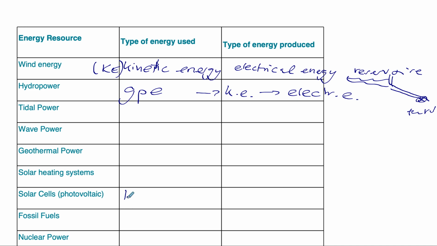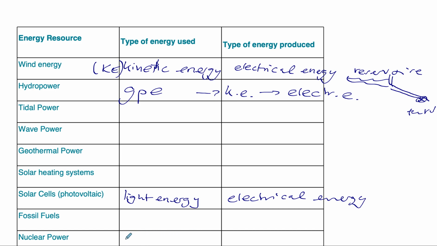So it would be light energy or radiant, type of radiant energy, and this would be converted then into electrical energy. So there we go, and you could do the same with the remaining ones.